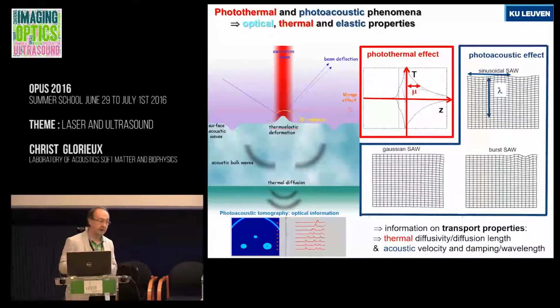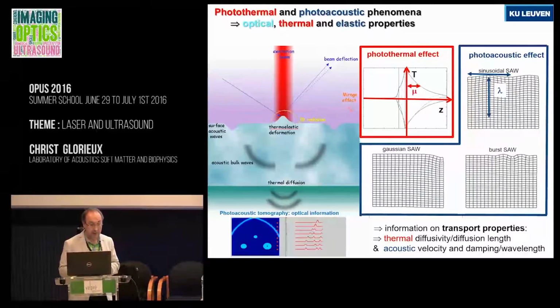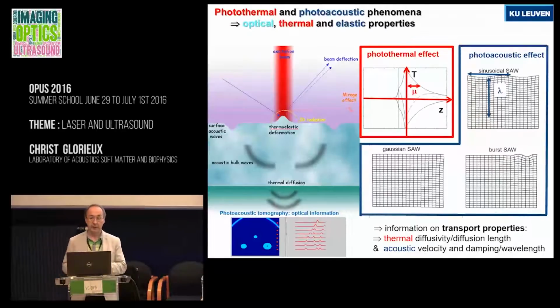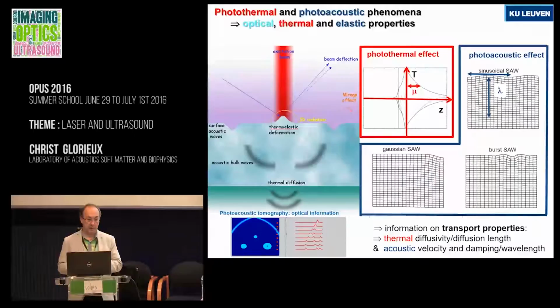Processing can be phase array imaging, or it can be time reversal. In any case, you can have quite nice pictures. And the main information that you get is where the sources are, and also how strong they are. So you have optical contrast, because the more absorbing, the more signal you have, but at the same time you have this acoustic spatial resolution.